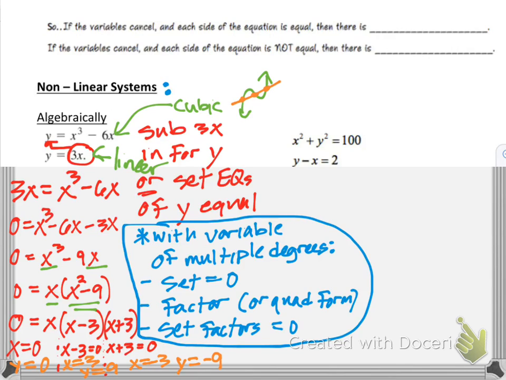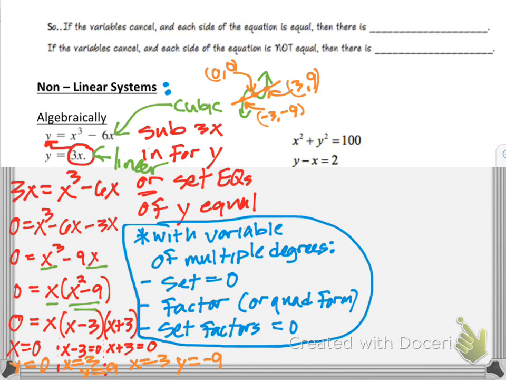Those are our 3 intersection points: 0, 0, excuse me, then negative 3, negative 9, maybe I can even label them in this picture, negative 3, negative 9. We've got 0, 0, and then we've got 3, 9, and those are our solutions, the intersections of the graph.